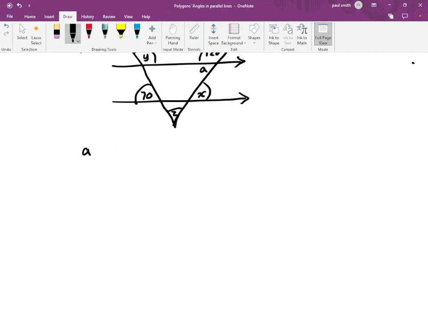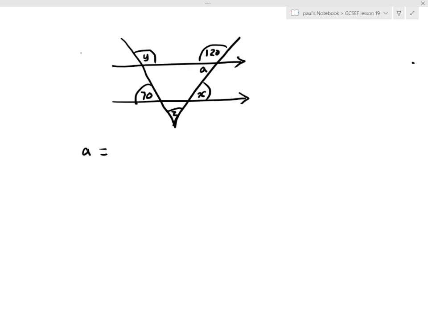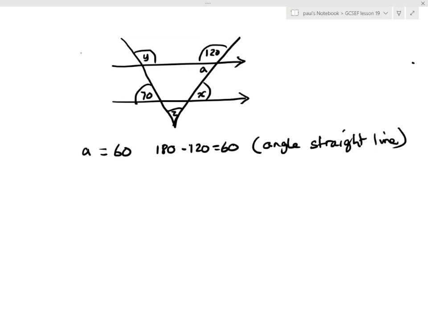A equals 60 because 180 minus 120 equals 60, and that is angles on a straight line. Yep, so now we've got 60 in there, and now I can do A equals X, which equals 60, and this is alternate.